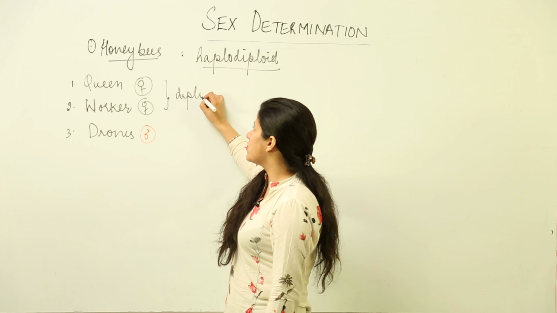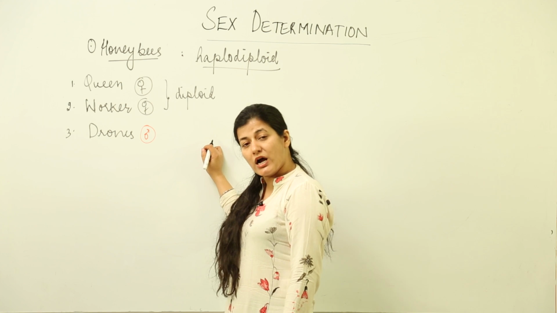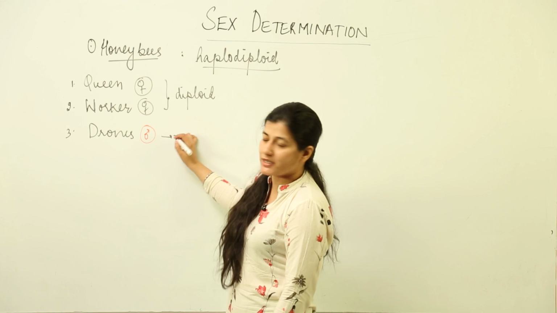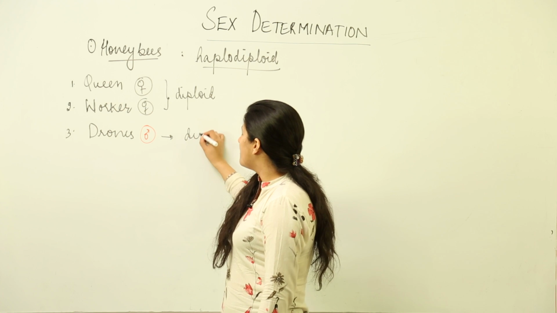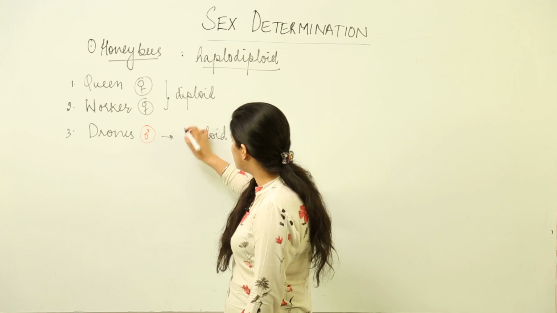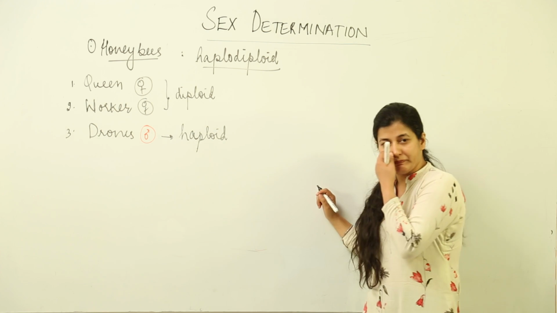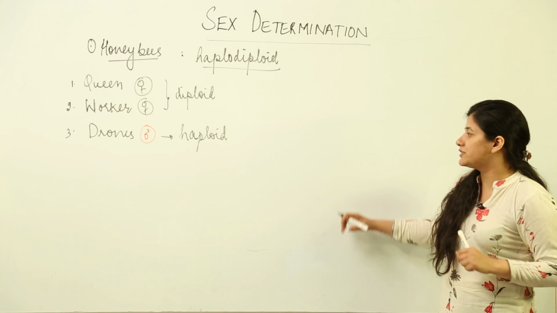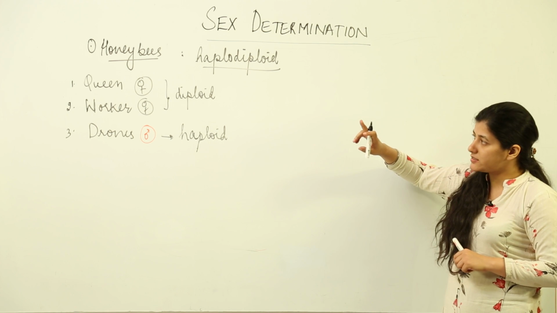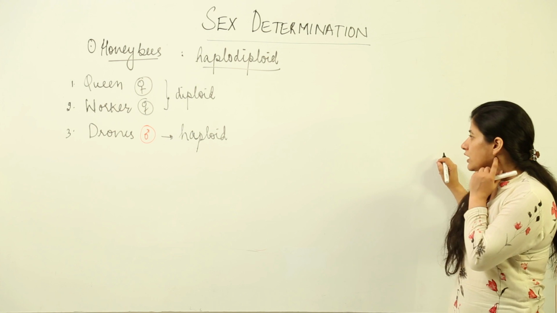So all those bees which have diploid set of chromosomes are females, and the drones are generated parthenogenetically by mitosis, and they are not diploid, they are haploid. So whichever bees in the bee net that you see, if they are haploid they will be drones, if they are diploid they would be females. One of them would be queen feeding on the royal jelly, and the remaining would be workers.